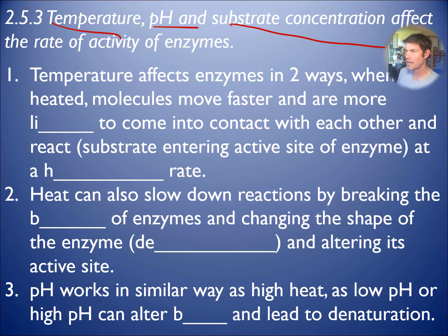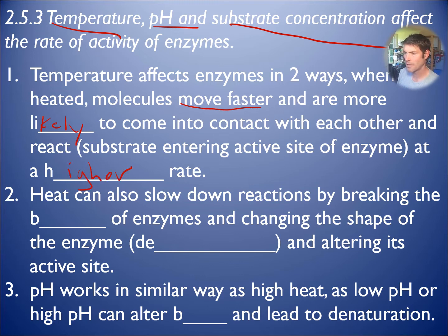So when they're heated, all the molecules move faster and are more likely to come into contact with each other. And if you have more contact, you're going to have more reactions. So they react at a higher rate.